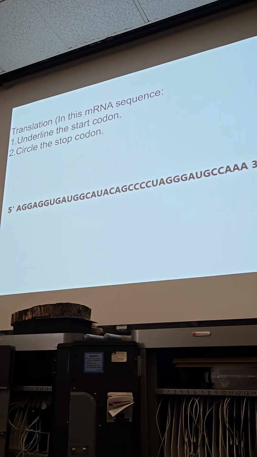Covalent bond between which two molecules keeps the growing protein chain attached to the ribosome? H bonds.